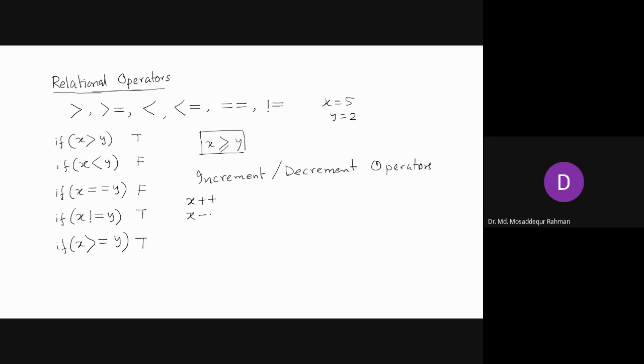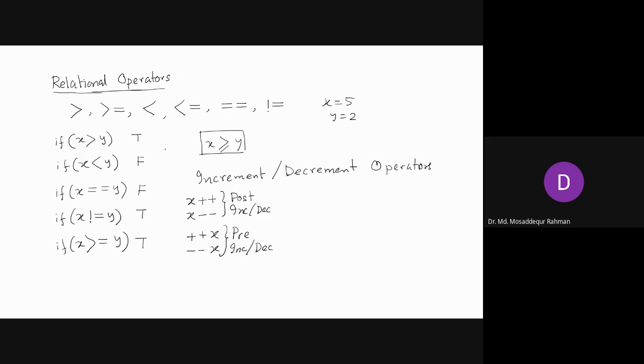Or we can write x minus minus, which decrements the value of x by 1. Another way to write this is plus plus x or minus minus x. It's the same thing, but a slightly different operation. So this one is called post increment or decrement, and this is called pre-increment and decrement.